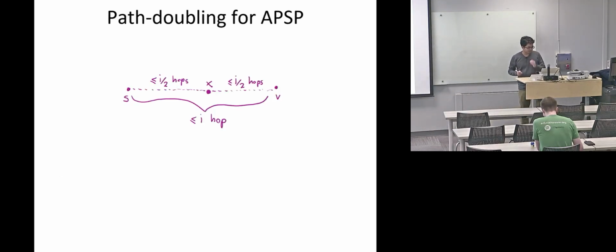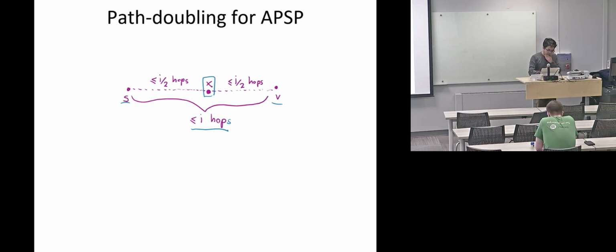So if you have S here and V here, and this uses at most i hops, right? There must be one node in the middle, like X, such that this path here uses i over 2 hops, and this path here uses i over 2 hops.